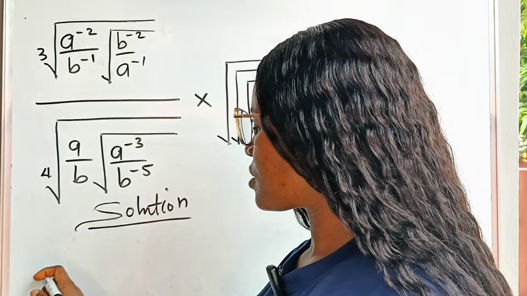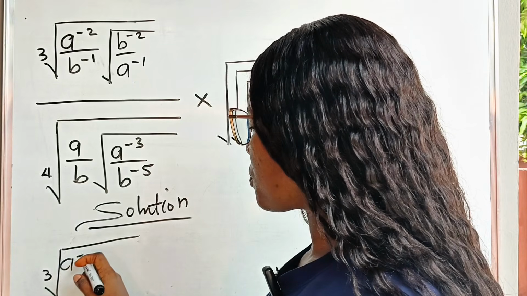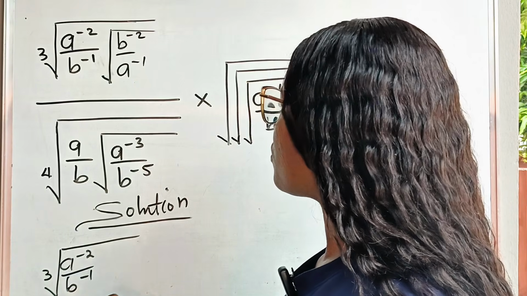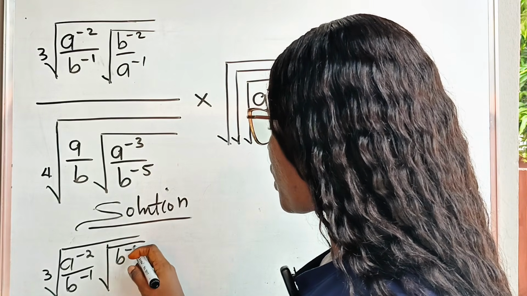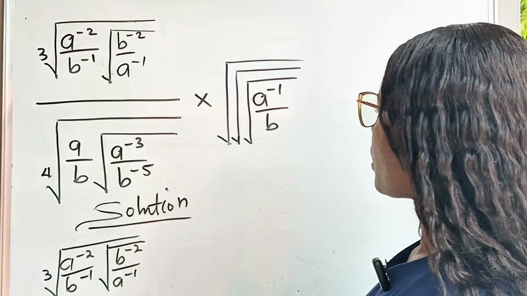The numerator is the cube root of a to the power of negative 2 divided by b to the power of negative 1, then the root of b to the power of negative 2 divided by a to the power of negative 1.